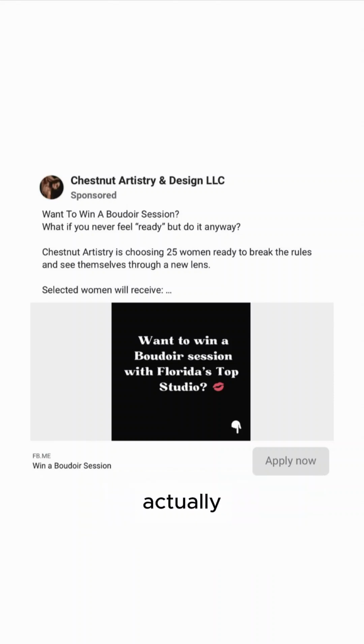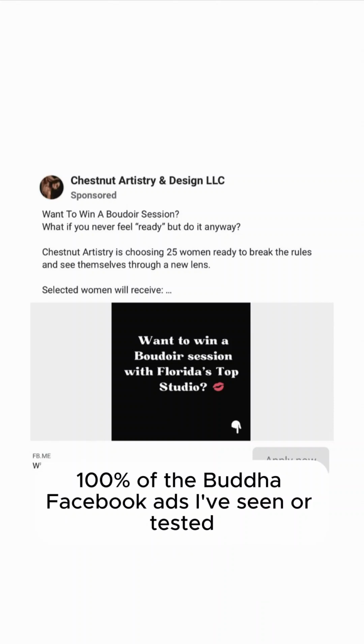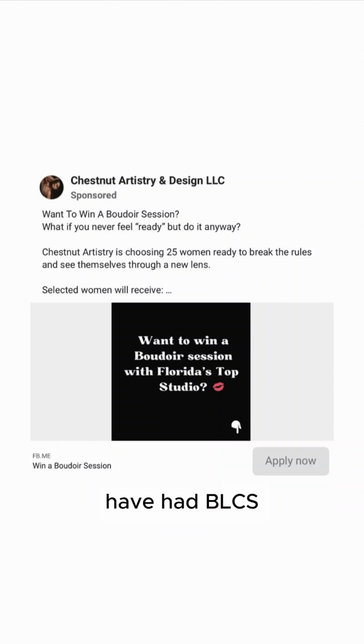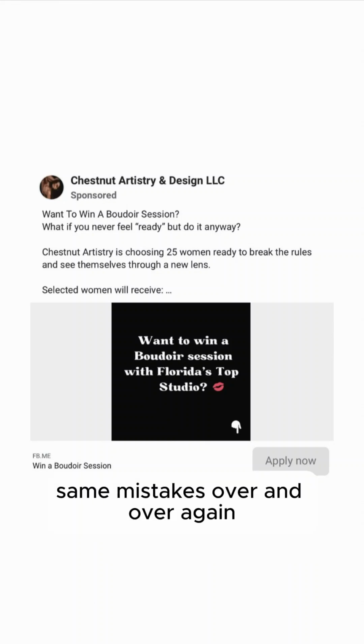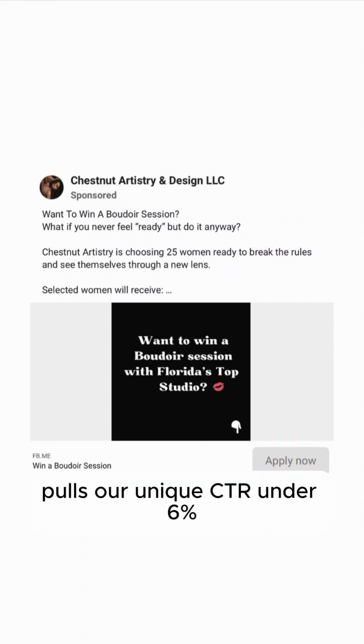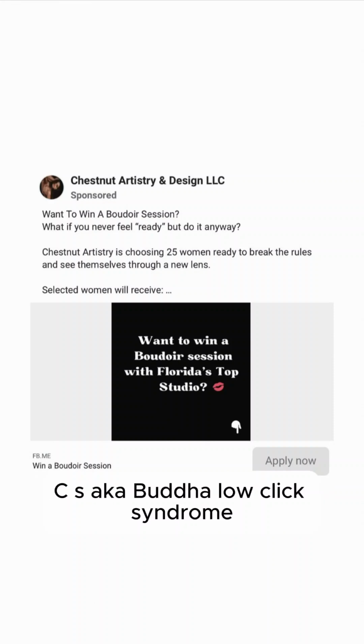Well, actually 100% of the Boudoir Facebook ads I've seen or tested have had BLCS because everyone's making the same mistakes over and over again. So the consequence of this pulls our unique CTR under 6% and contributes to BLCS, aka Boudoir low click syndrome.